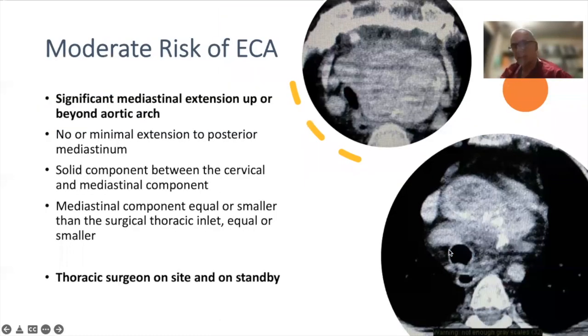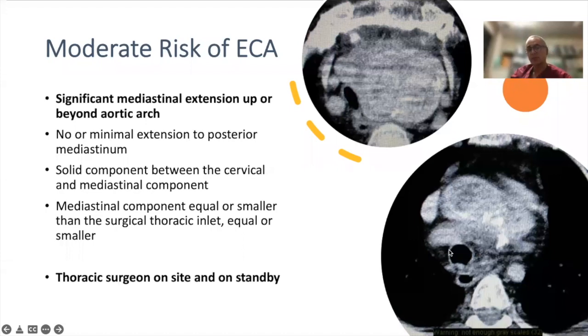The moderate risk of extracervical approach, these are people in which you will probably have to warn your thoracic team that these patients are coming to theater. So these are patients who will have significant mediastinal extension up to or beyond the aortic arch. There is no or minimal extension to the posterior mediastinum. There is a solid component between the cervical and mediastinal components, so you can exert traction.